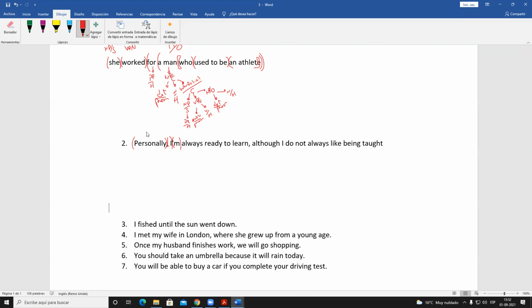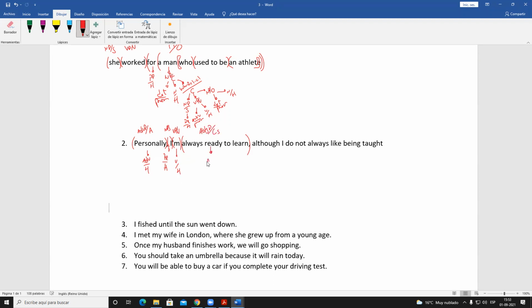Eso, ¿cierto? Entonces, personally es una adverb phrase, adverbial, con un adverb head. I, noun phrase subject, hecha del pronombre head. Am, verb phrase verb, del verb head. Y always ready to learn: this is an adjective phrase acting as a subject complement.